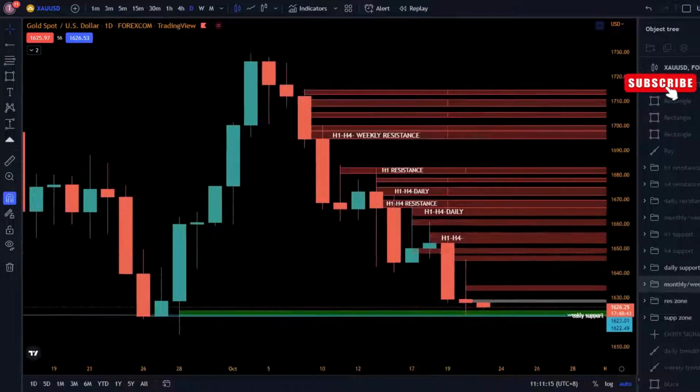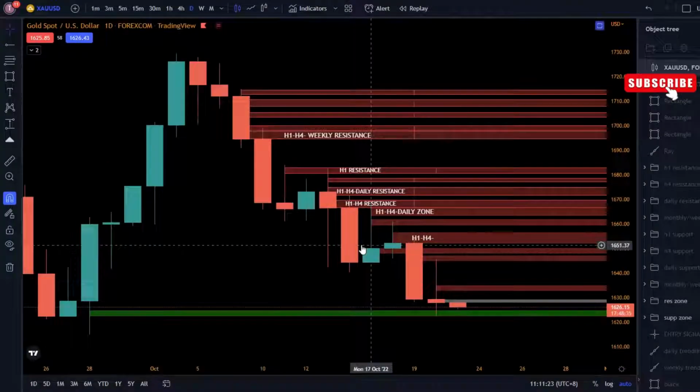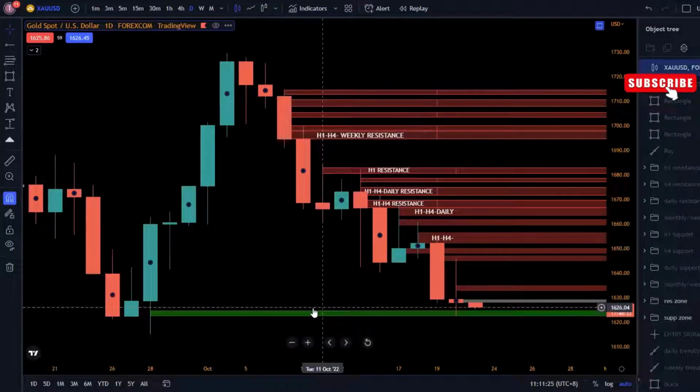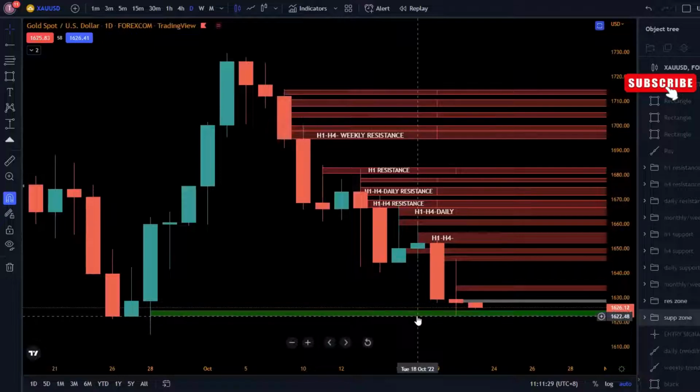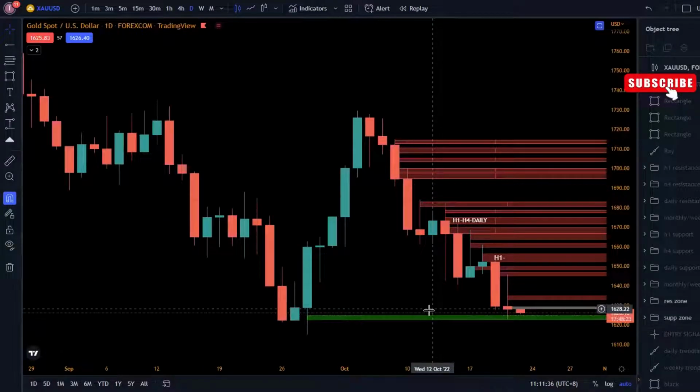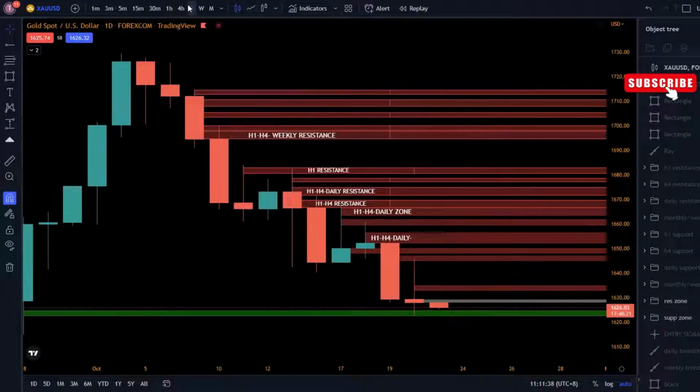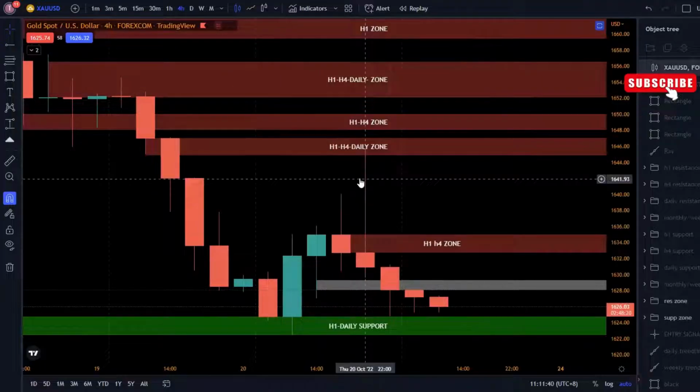So okay, going back, let's turn off this weekly and daily support. This one, and this one. So this is the only support that I plotted for the day, because the next support will be very, very far from this price. Okay, so go to 4 hours.